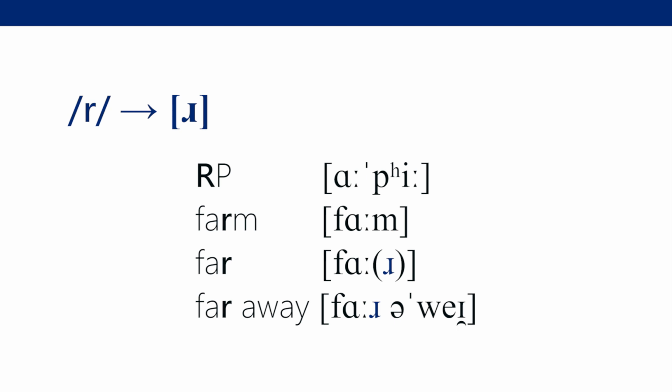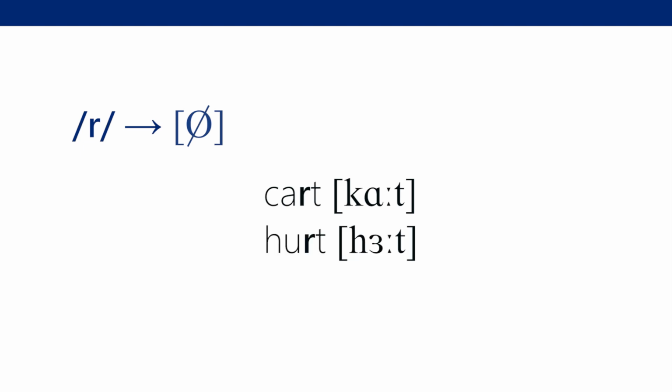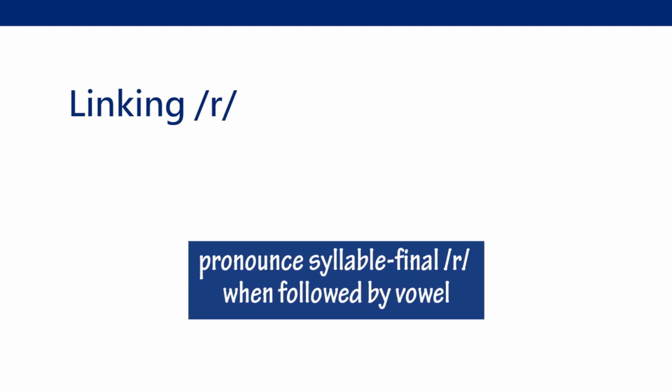Okay, so what's going on here? Sometimes you pronounce it, sometimes you do not pronounce it. Because in non-rhotic English, the R becomes nothing. Caught, hurt. Technically, you could say nothing is an allophone of R. When R is the last sound of the word, it may potentially be pronounced if it's followed by a vowel.